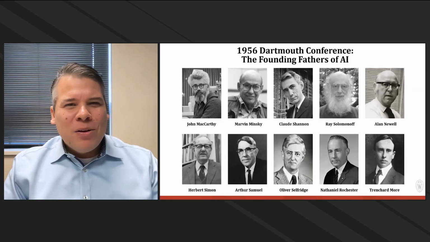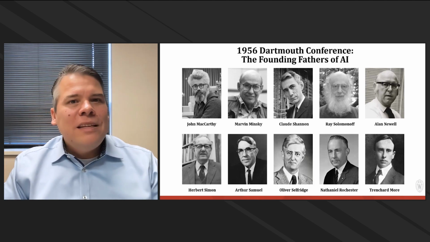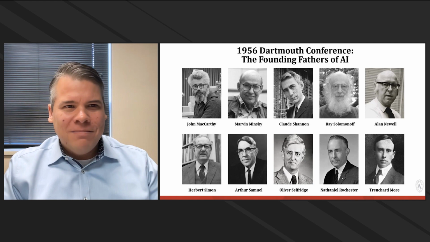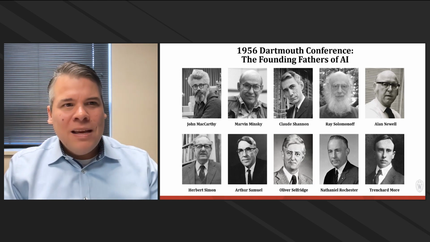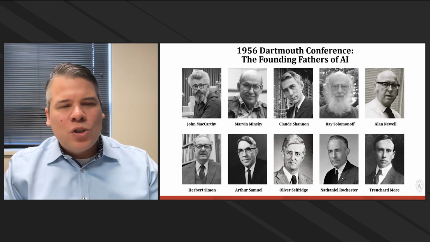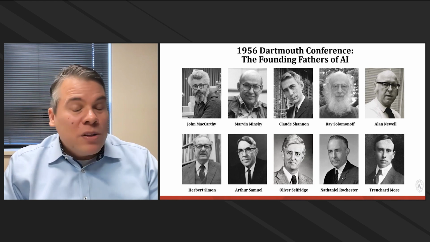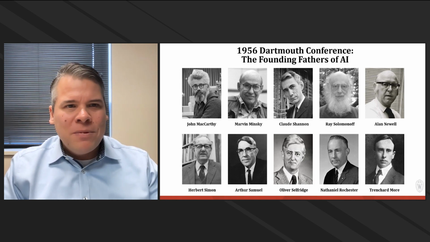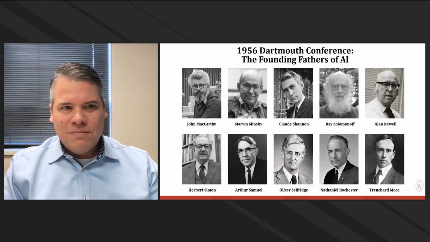When I talk about this, I typically like to start at what is generally deemed as the foundations of AI. Back in the 1950s, in the middle of the 20th century, a bunch of researchers, computer scientists, neuroscientists, and so on, got together in what is now called the Dartmouth workshops, and they coined the term artificial intelligence, right?